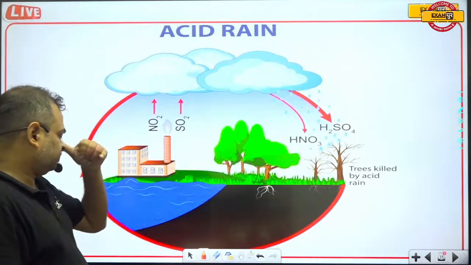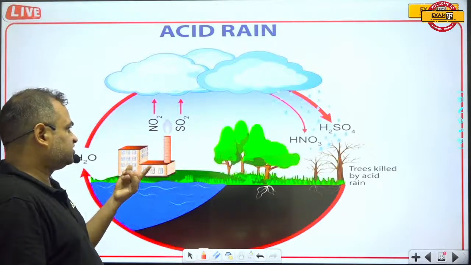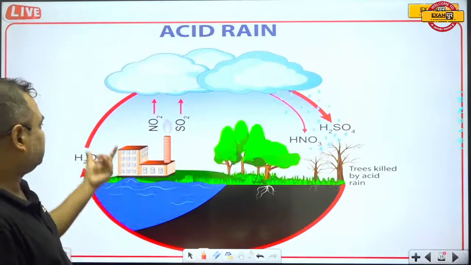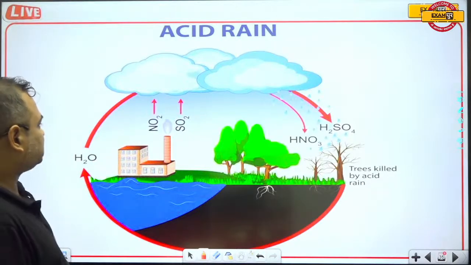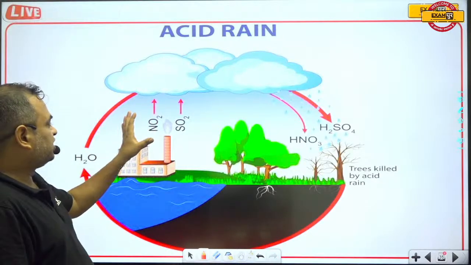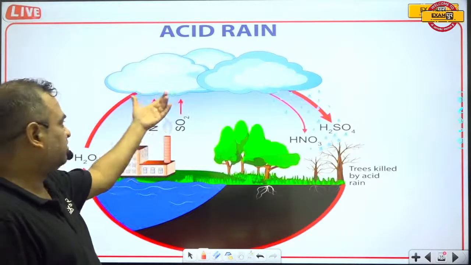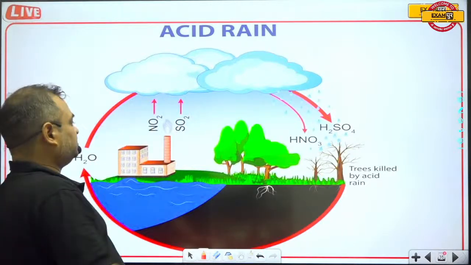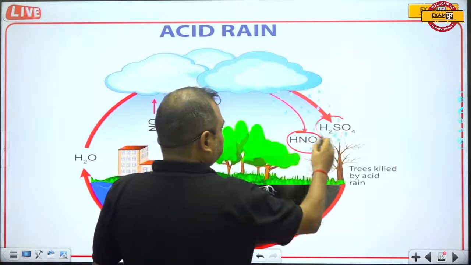When these fuels are burned in the industry, it emits nitrogen and sulfur oxides. When these gases go up, they react with the water already available in the atmosphere and make nitric acid and sulfuric acid.